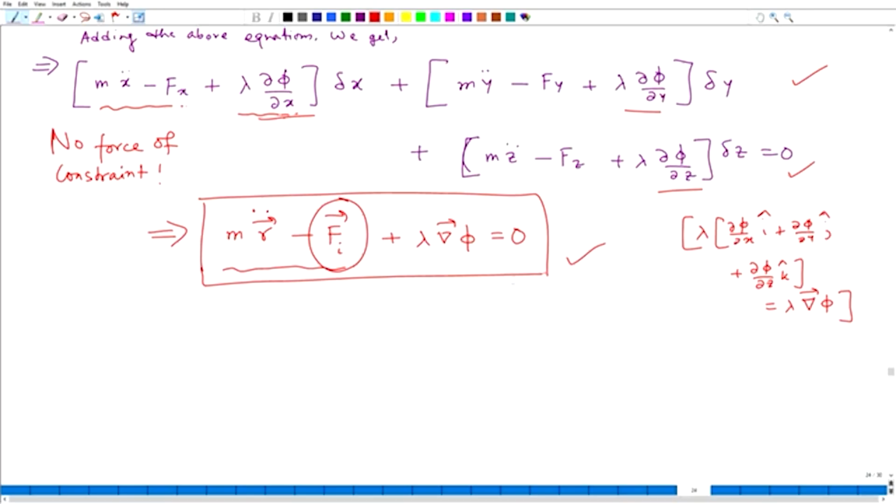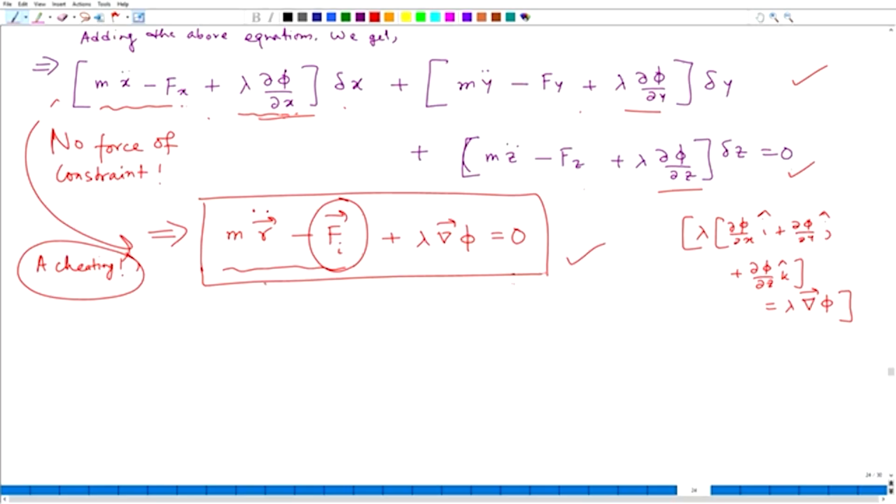So, at this point I have done a little bit of cheating. In general, it is not a cheating, I am coming to that point. I have said that if this is 0, then this plus this is equal to 0.